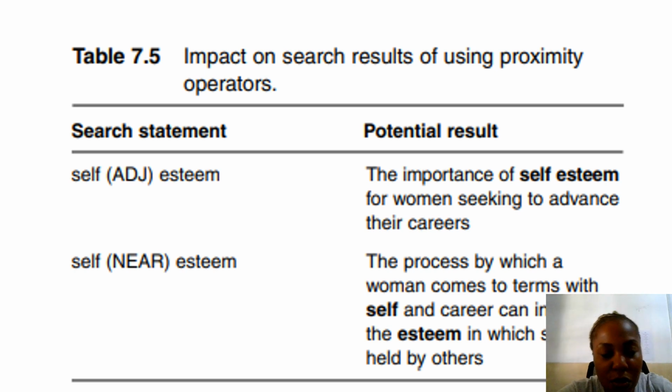Skills laboratory, you do the same. Skills ADJ laboratory. If papers don't come out, you put skills NEAR laboratory, and your papers will come out. Right? So this is called proximity operators. They are different from the Boolean operators and, or, not. Proximity operators are ADJ and NEAR. Remember, they are all in capital letters, please.